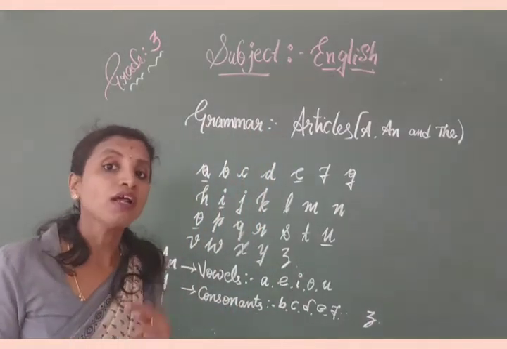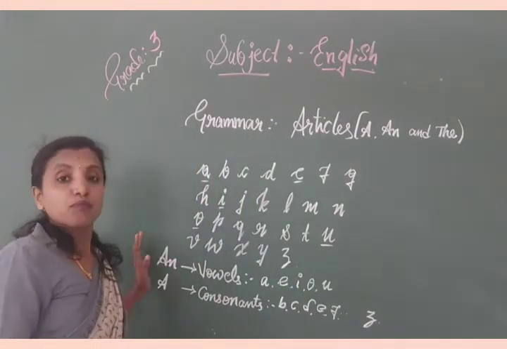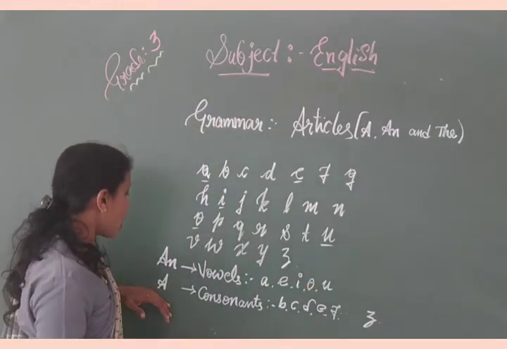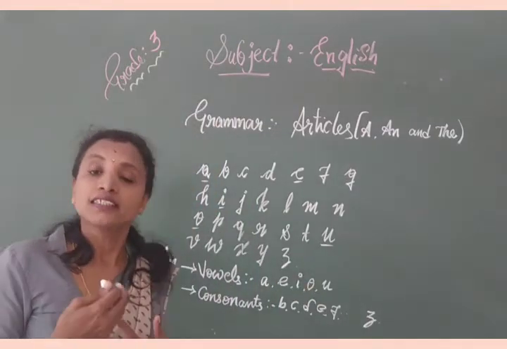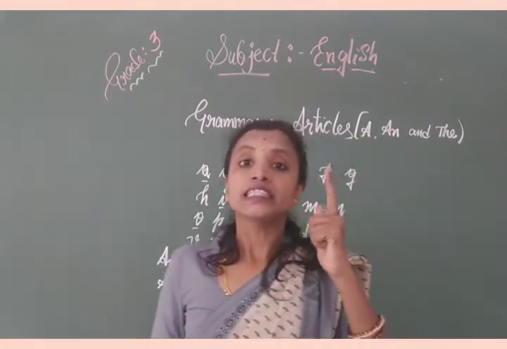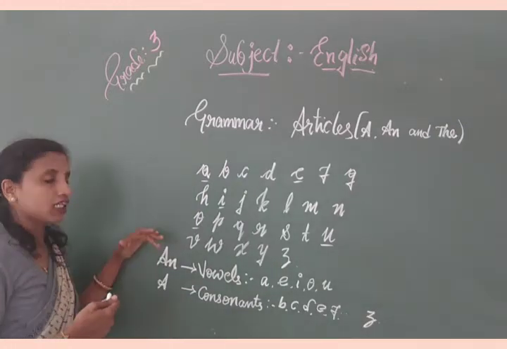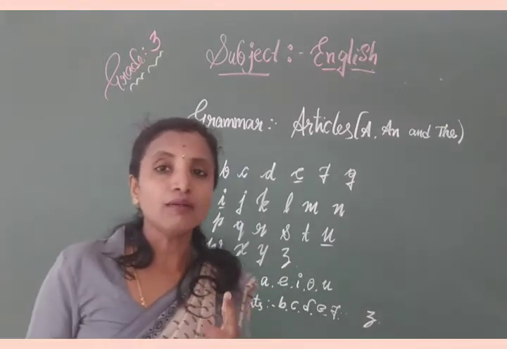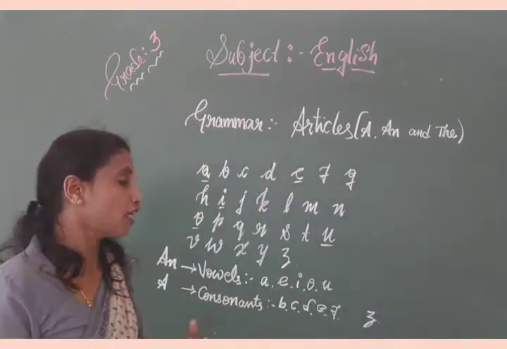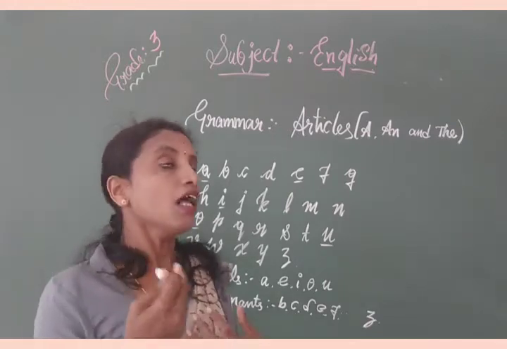A, an, or one, they are singular countable nouns, and they can be used for a single person or a thing. A and an are for one person. They are singular countable nouns.